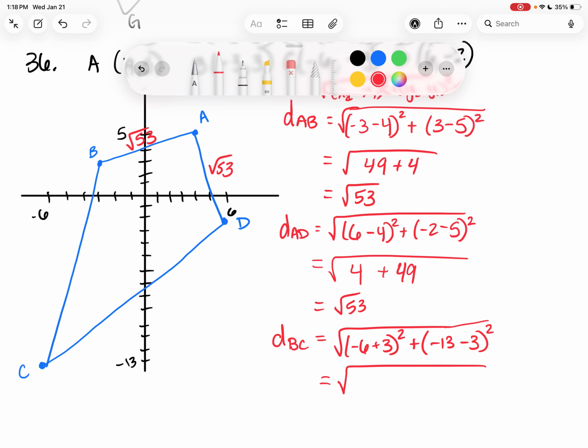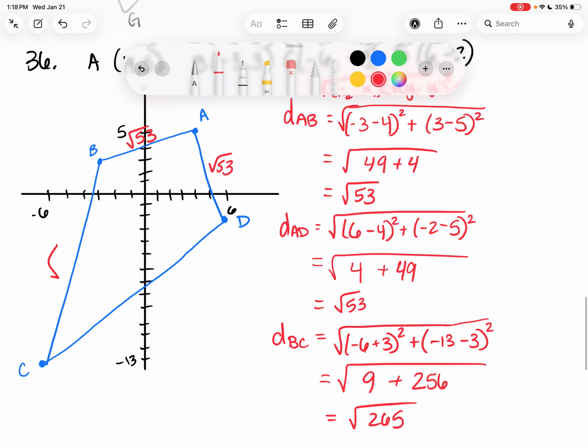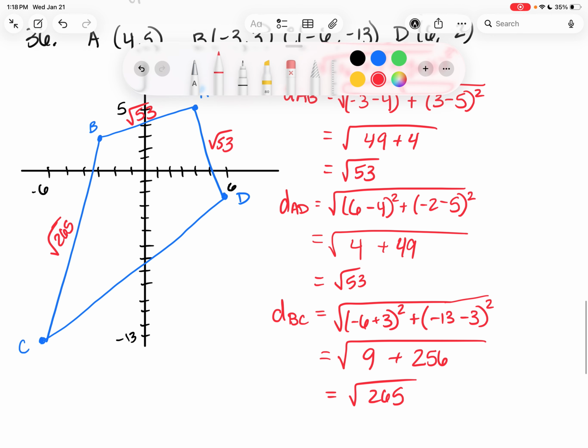So negative 3 plus 3 is negative 3, squared is 9, plus negative 13 minus 3 would be negative 16, squared, which is 256. And so that's the square root of 265. So that's this side. And then I need to check CD as well.